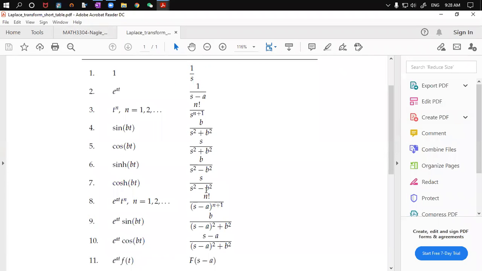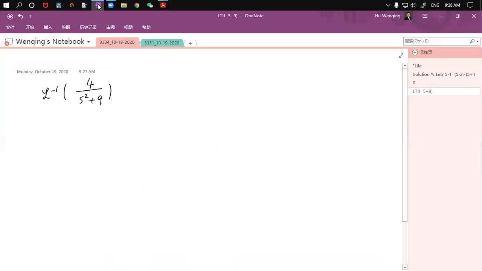You can immediately see that entries 4 and 5 are more similar, because they are s² plus some b². If you want 9, b should be equal to 3. So basically, this is the inverse Laplace transform of 4/(s² + 3²). Is that good for everybody?